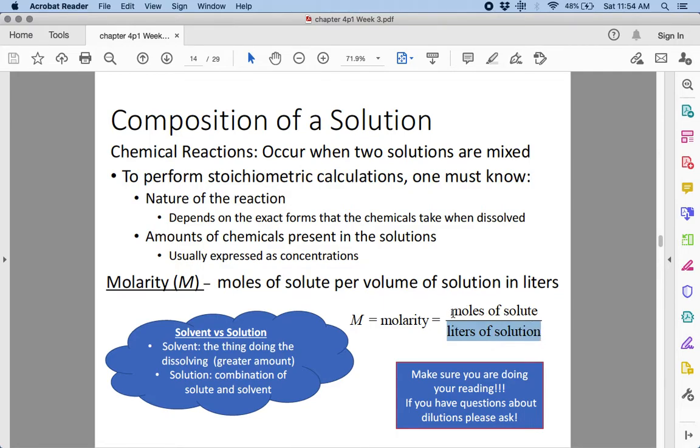But let's say, for example, we had a liquid solute, 2 liters of our liquid solute, and we had 8 liters of our liquid solvent. That would mean that the total liters of the solution would be 10. So it's something that you need to be conscious of and aware of as we move through it.